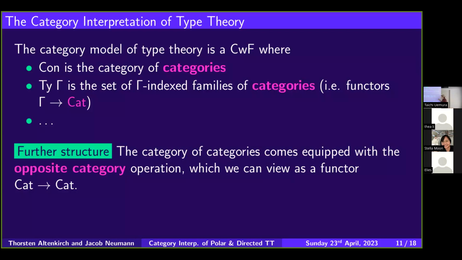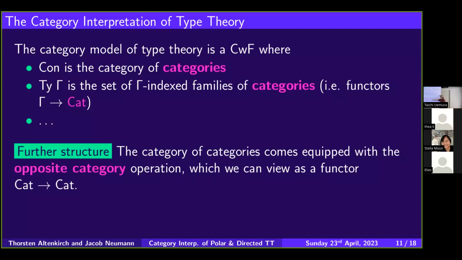And this actually gives rise to an endofunctor on the category of categories. So what we want to do is take this model-theoretic operation, something happening on our semantics, on our model, and drag it into the syntax so we can talk about it in the syntax of our type theory.